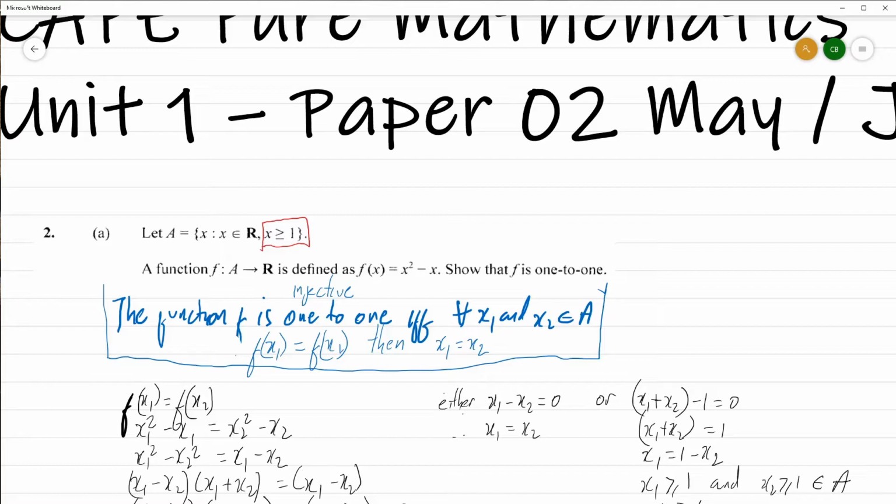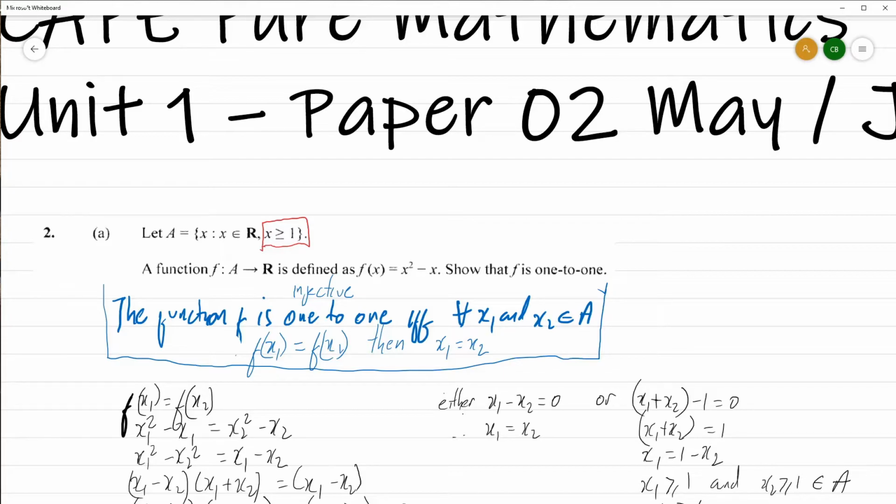Hence, x1 plus x2 minus 1 is equal to 0 is false. So if this is false, that leaves us with this solution alone, where x1 minus x2 is 0, which implies that x1 is equal to x2.